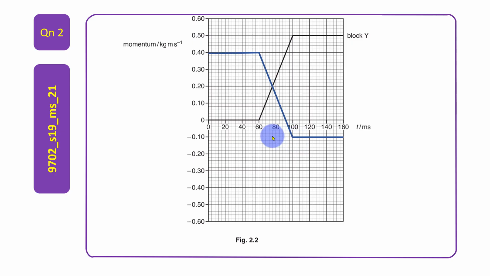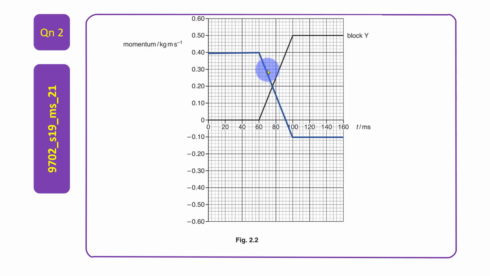You can see again that it is a change of 0.5 kilograms meter per second, but it must be moving in the opposite direction. That is why it crosses over to this other side here, because it does not become stationary.